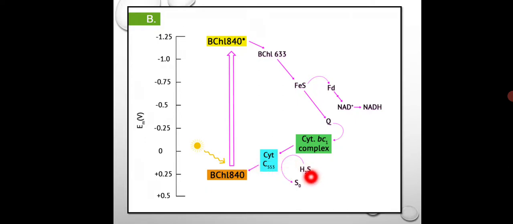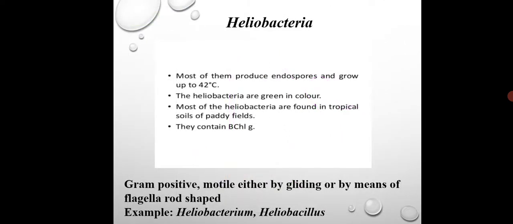H2S gets converted into the sulfate ion, and then it reaches back to the ground state because of the transport of electrons. So that is all about the flow of electrons in green bacteria. It is very simple, and the process of electron flow in green sulfur bacteria and green non-sulfur bacteria is similar. There is no difference.